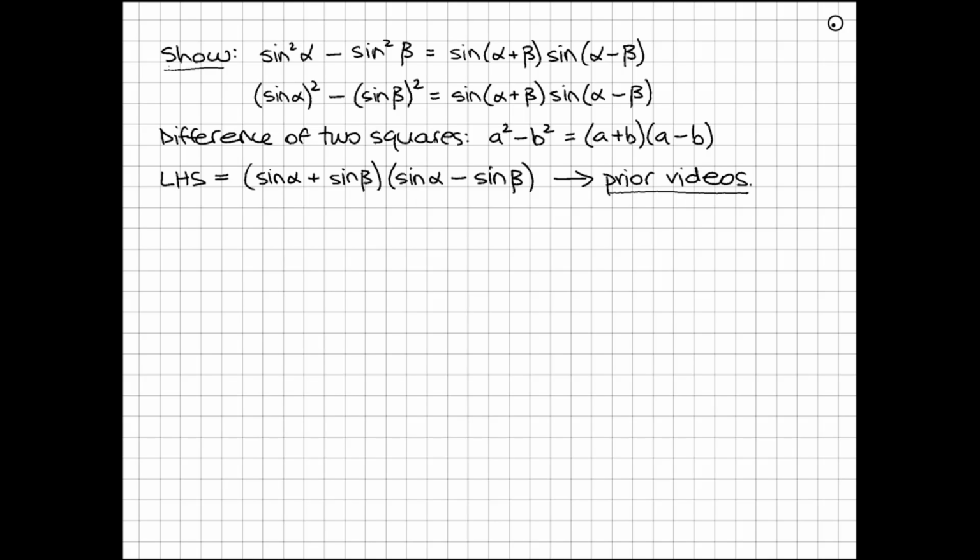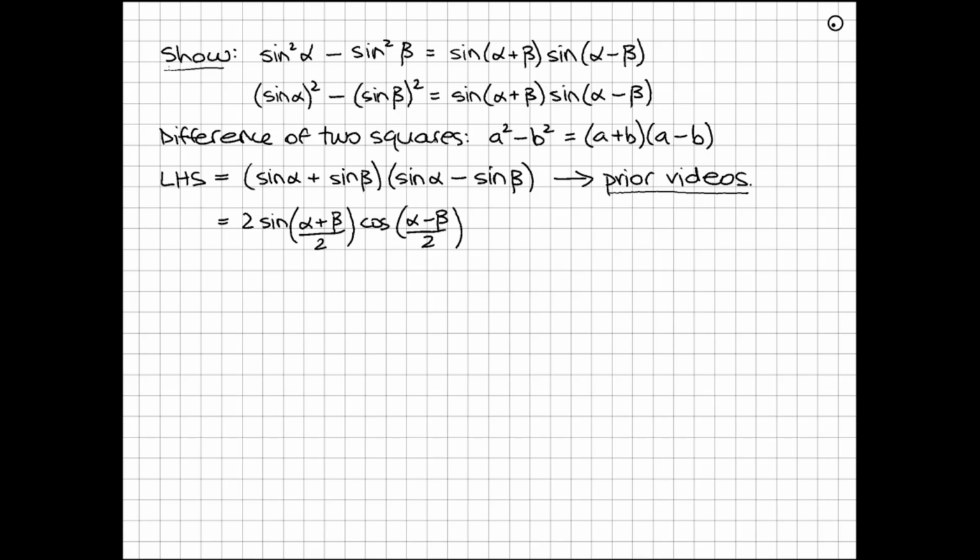For the purpose of this video, I'm just going to insert those results and see what we get. In the prior videos, we worked out that sine alpha plus sine beta we can write as 2 times sine of alpha plus beta on 2 times the cosine of alpha minus beta on 2.